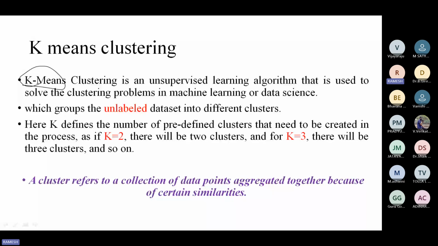If k value is 2, my intention is to make the given objects into 2 clusters. So the k value will decide the number of clusters. The same definition: unlabeled data will be provided, no labeled data, an unsupervised learning algorithm. K-means is a partition-based clustering.